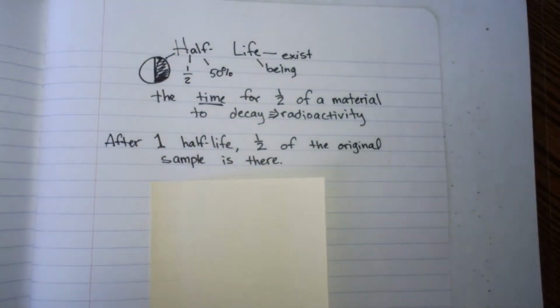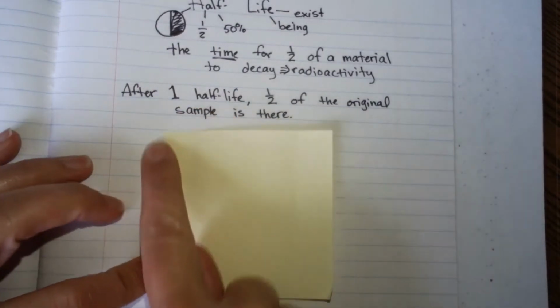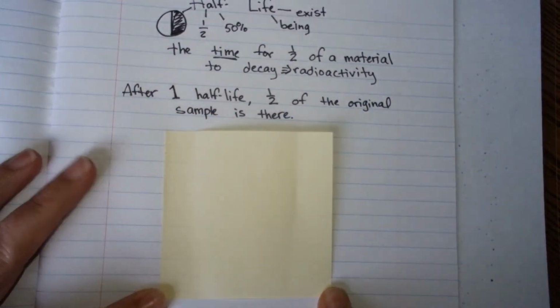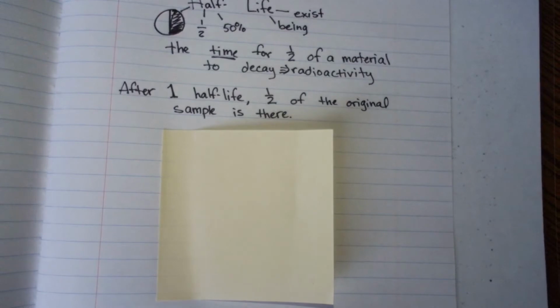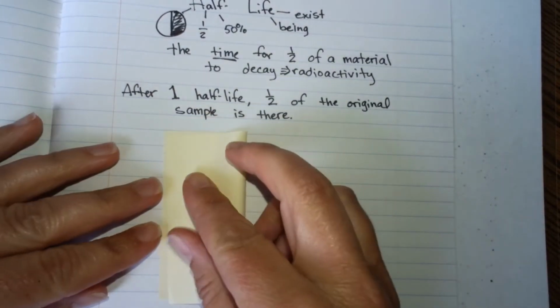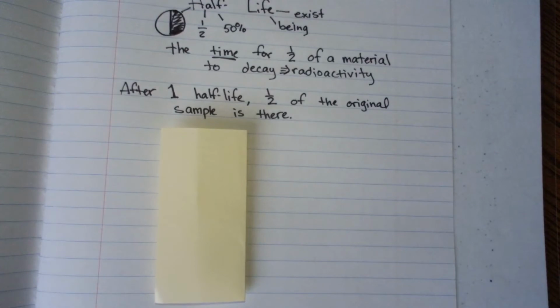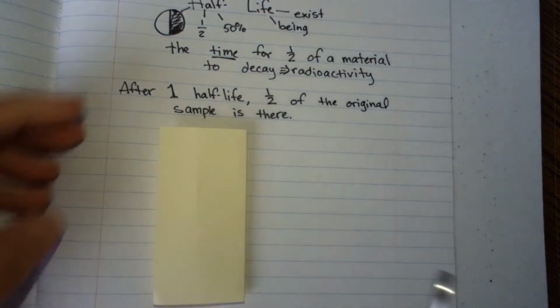All right, so if I have one whole Post-it note here, this is going to be my whole sample of Posty McElement Posty. And after 1 half-life, so after the time it takes for me to finish all this talking, I'm going to have half of my Post-it note left.